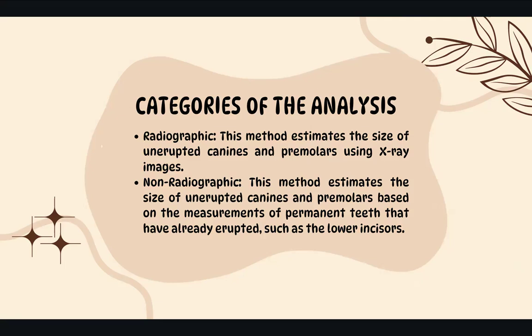While this offers a direct visual reference of the teeth development, it requires specialized equipment and exposes the patient to a small amount of radiation. In contrast, non-radiographic methods, of which Moyer's analysis is an example, rely on measurements taken from teeth that are already visible in the mouth, most commonly the four lower incisors, to make predictions about the unerupted ones.